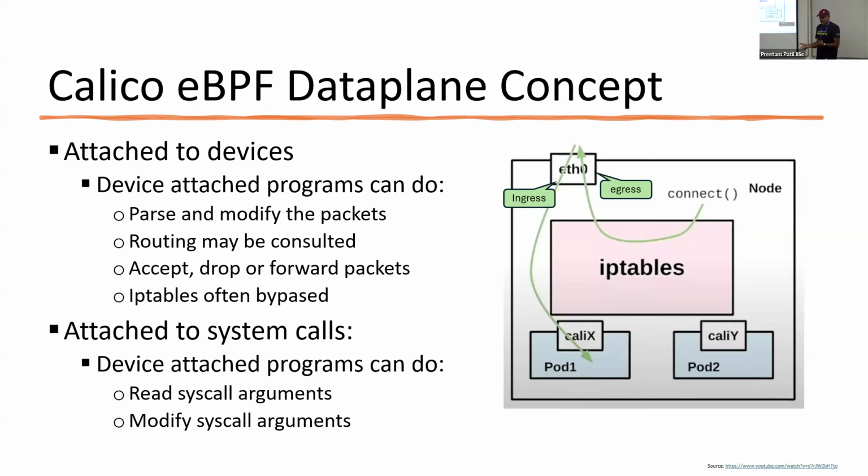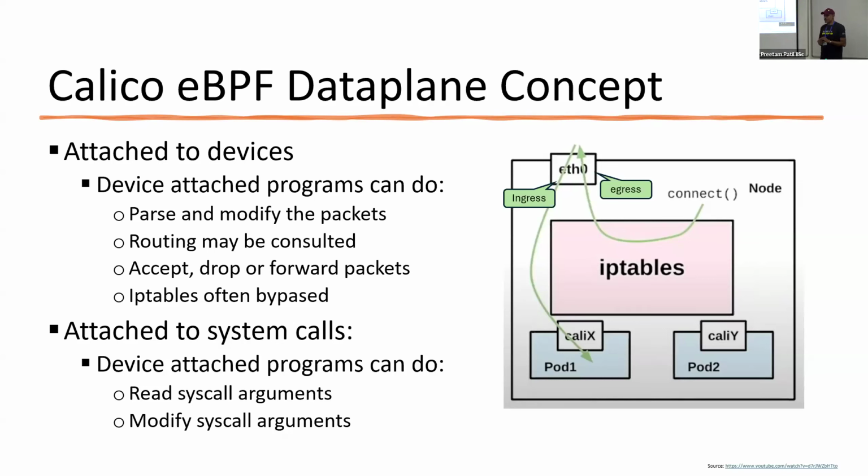The program that you attached, the Calico, when the packet arrives, it has a chance to look at the packet and decide, okay, what should I do with that packet? So it can modify the packet and route it according to the policies that have been set, and it can either accept it, drop it, or forward the packet, right? For example, if your service is not running on the same node, you can choose to transfer it to the neighboring node where your service is running, right? And typically IP tables are bypassed here, right?